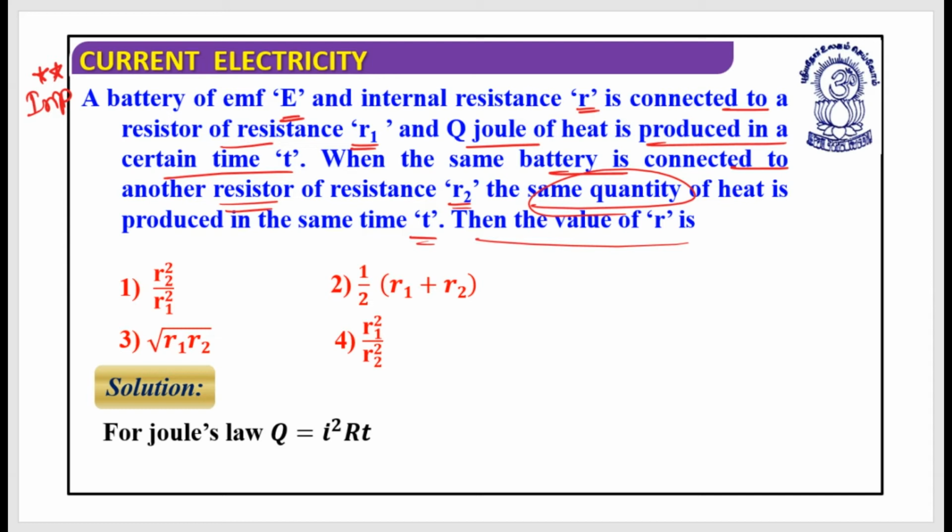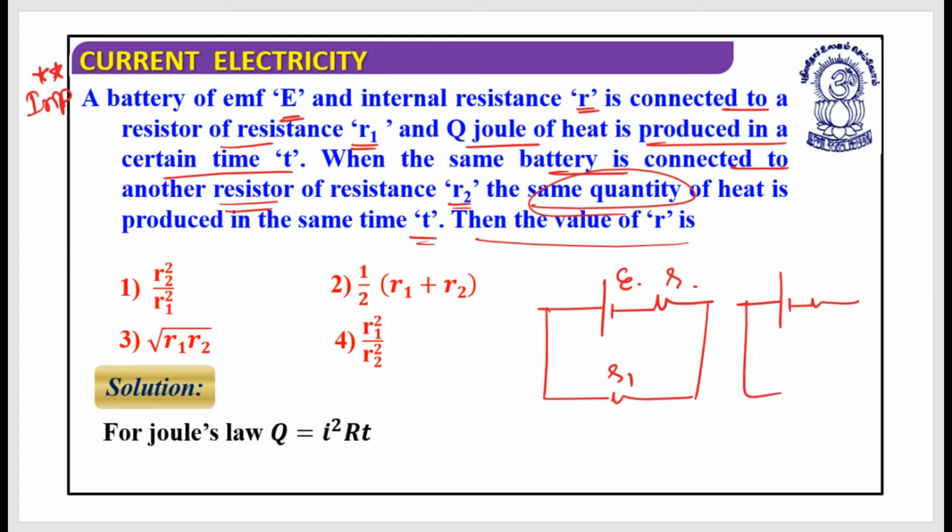Do you understand what it means? It says that the battery having an internal resistance R is first connected with R1, and in the next situation connected with R2.